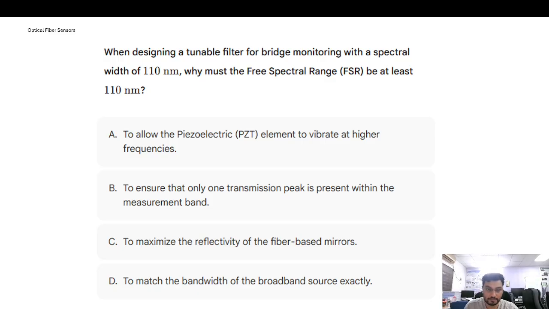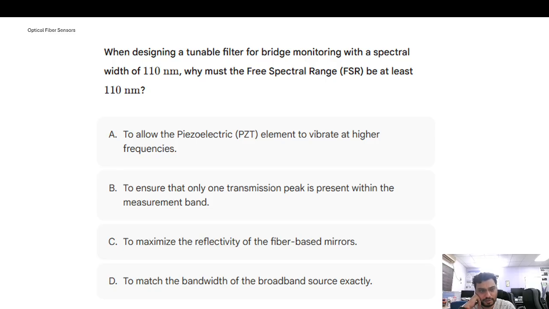Give your answer. Option C, to maximize the reflectivity of the fiber based mirror.